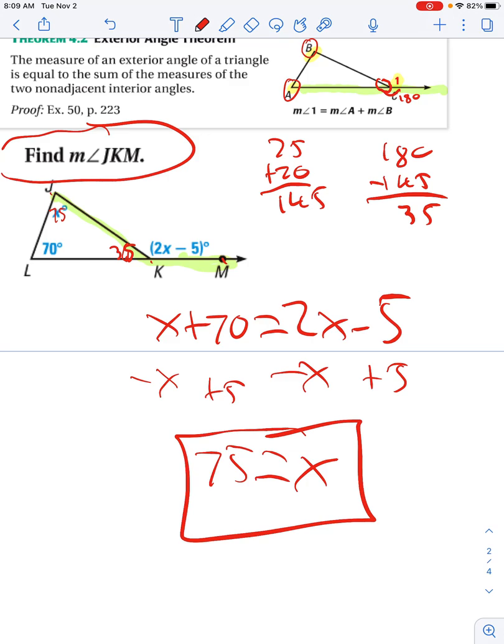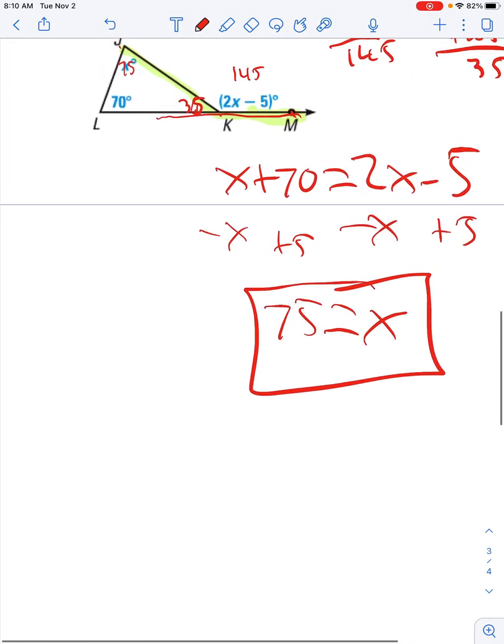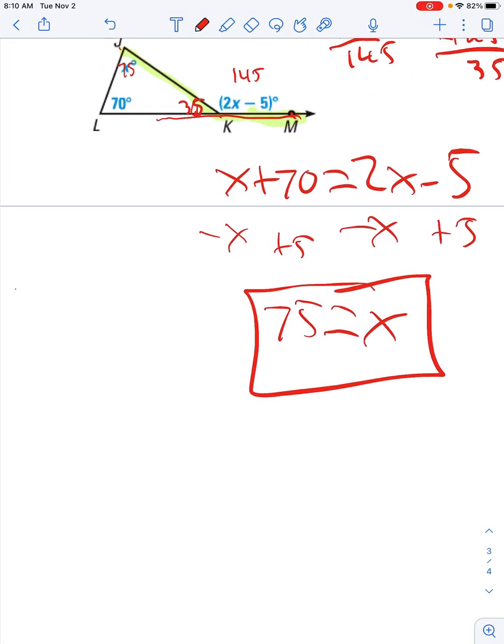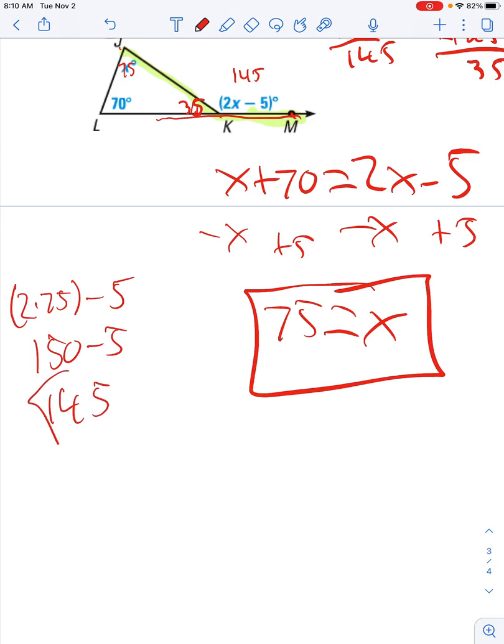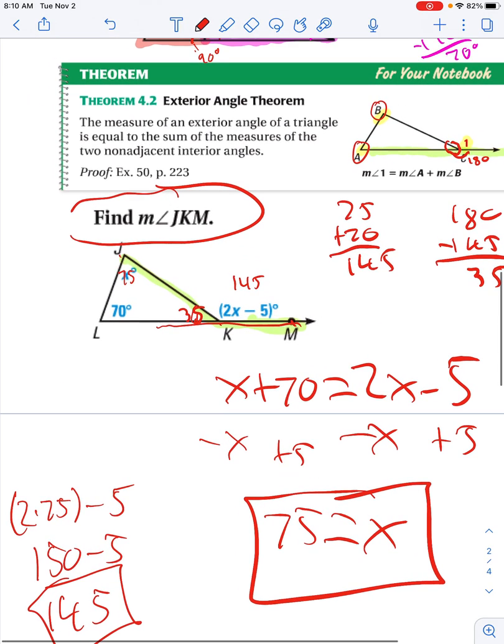So if this angle's 35, I know that this angle has to be 145 because they create a straight line and it has to be 180. But let's just check our work. I'm going to plug in 75 every time I see an x. 2 times 75 minus 5, 150 minus 5, I get 145.